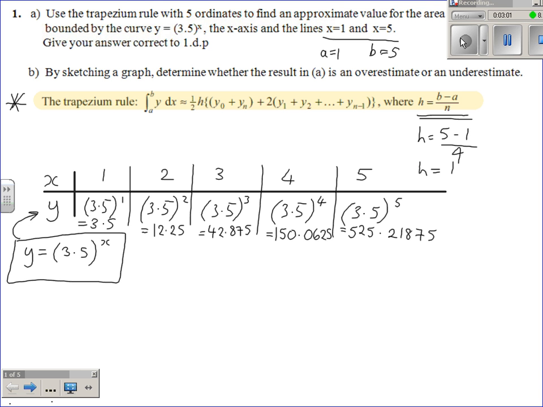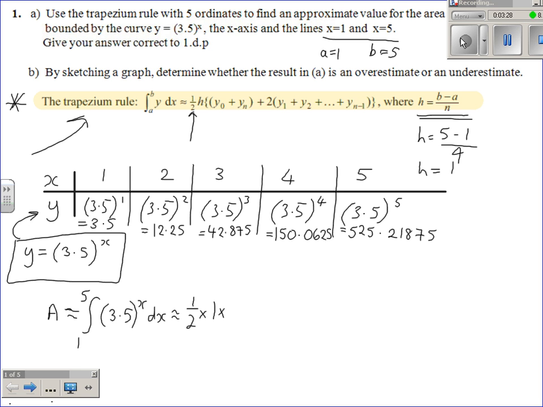Okay, at this point you've done all the hard work really. You're now just substituting into the formula. So you're going back to your trapezium rule. Let's write it down in full. Our area is approximately equal to the integral between 1 and 5 of 3.5 to the power x dx, and we're saying that's approximately equal to half times h.